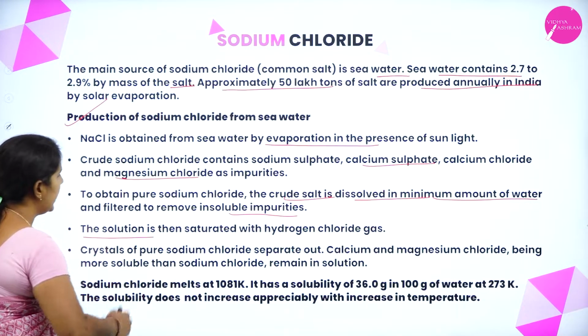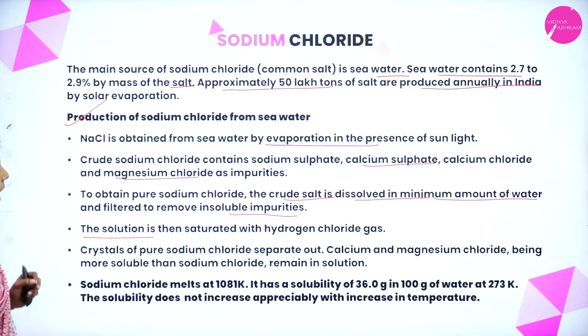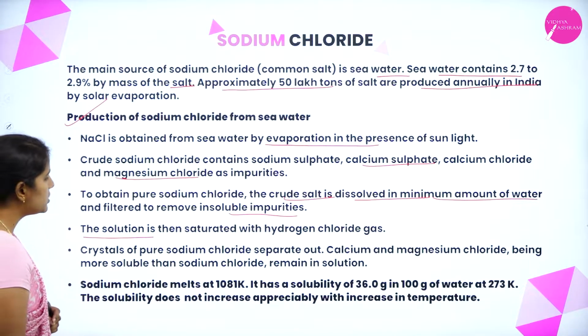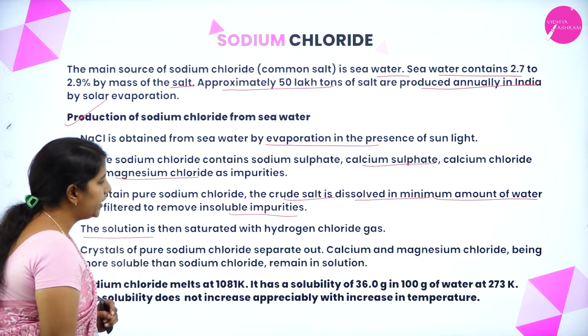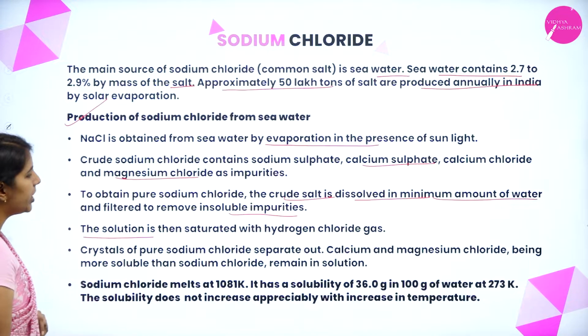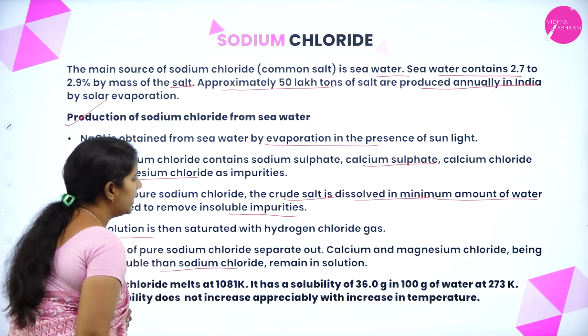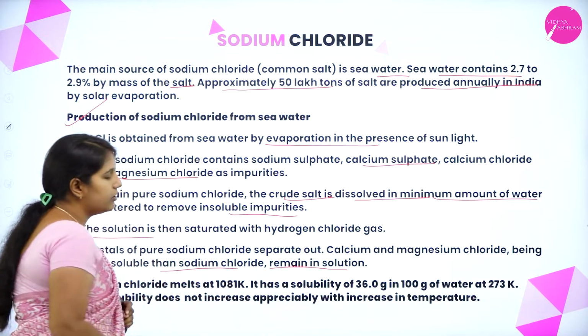The solution is later saturated with hydrogen chloride gas. The crystals of pure sodium chloride will separate out. Calcium and magnesium chlorides, being more soluble than sodium chloride, remain in the solution.